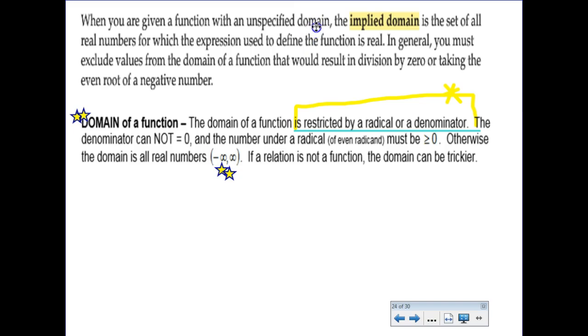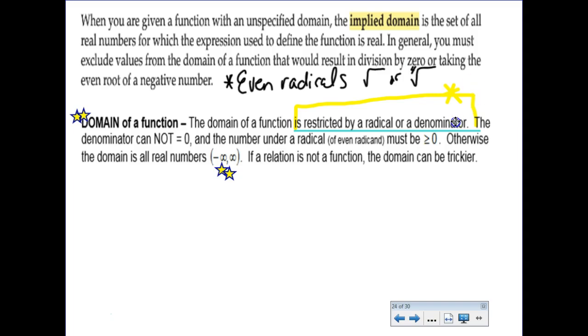So if you have to come up with domain or domain restrictions on an algebraic function and you can't use a graphing calculator to help you out, or possibly the function is so strange that the graphing calculator doesn't actually help you, you have to know how to find them algebraically. It's not bad. There's two things you have to watch out for. The two things are even radicals. So what I mean by that would be like a square root or a fourth root.